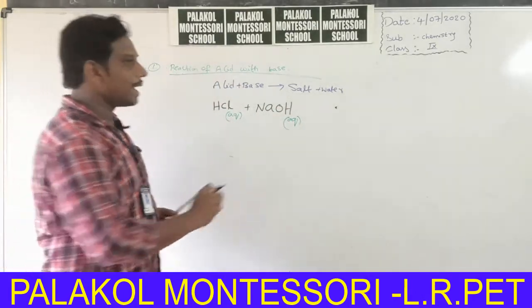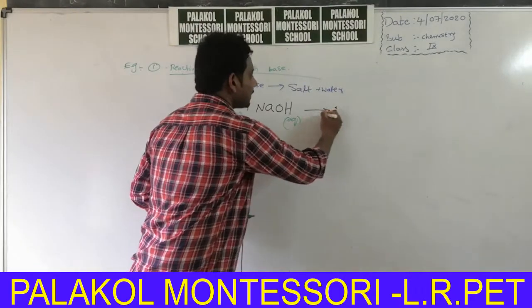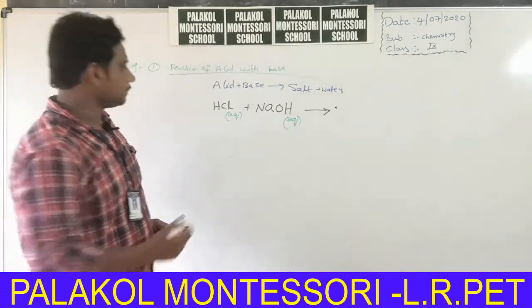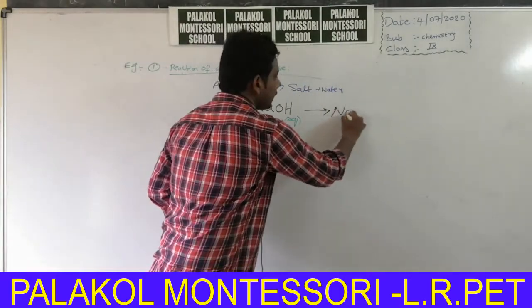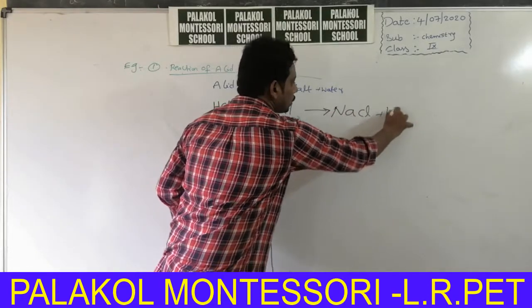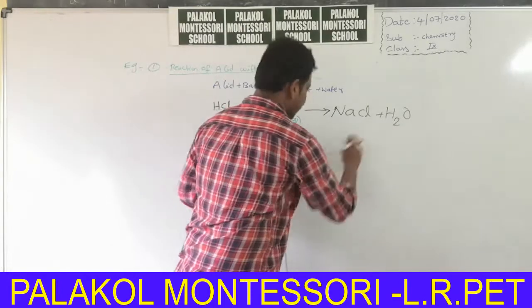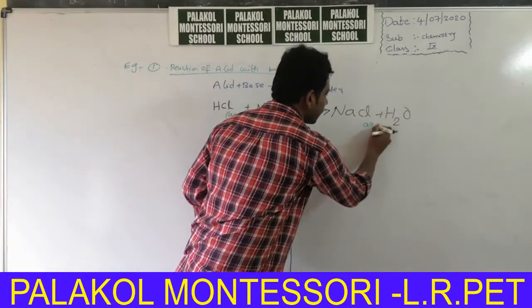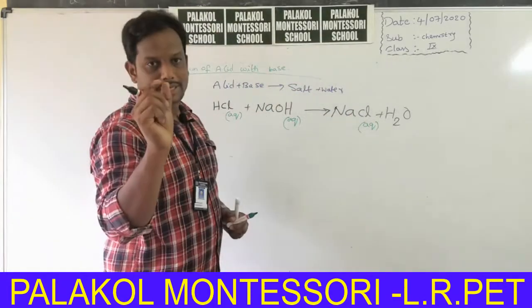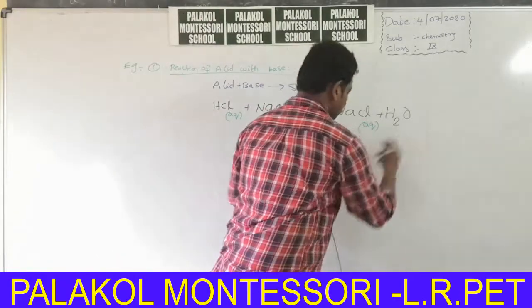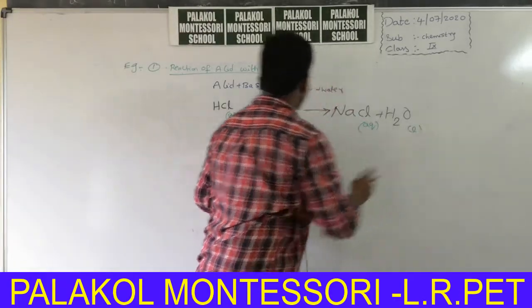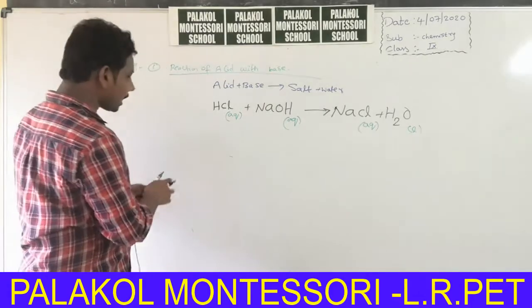HCl plus NaOH gives NaCl plus H2O. This NaCl is present in aqueous form, AQ here. H2O, we already know the state of H2O is liquid, L here.